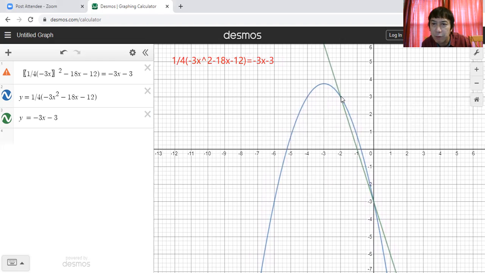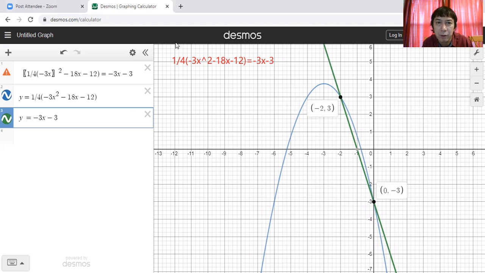All right, clearly we have the answers now. X is negative 2 and x is 0. Okay, we can type it on screen. X is equal to negative 2. And another one, x is equal to 0.